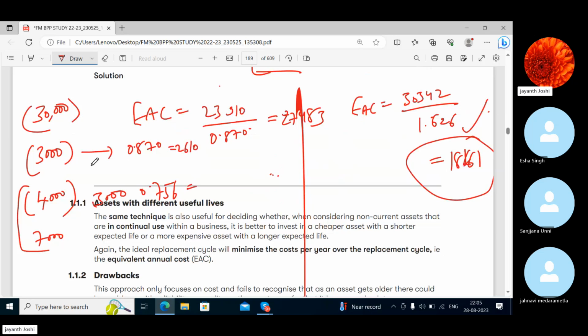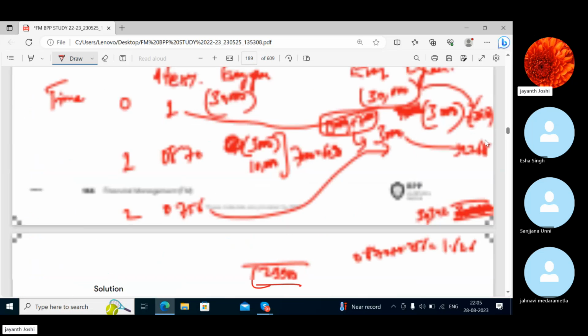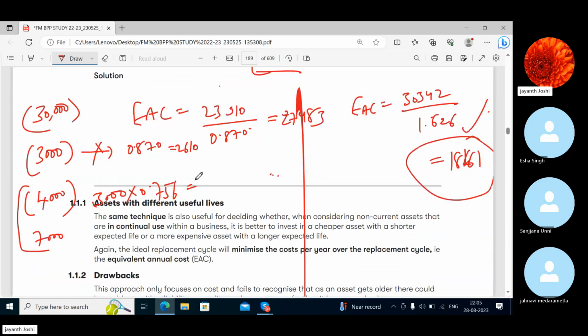And this one, when you multiply, you're going to get 2268. That's what we did. This is going to be still negative, this is going to be positive. So 30,000, if you add the negative value minus this, you get the value and then divide by annuity factors. You get the equivalent annual cost.